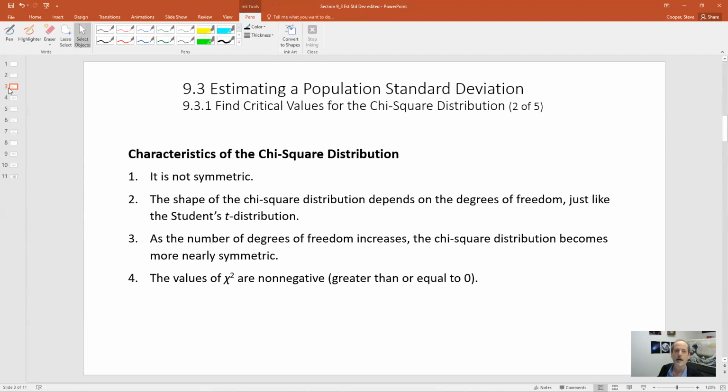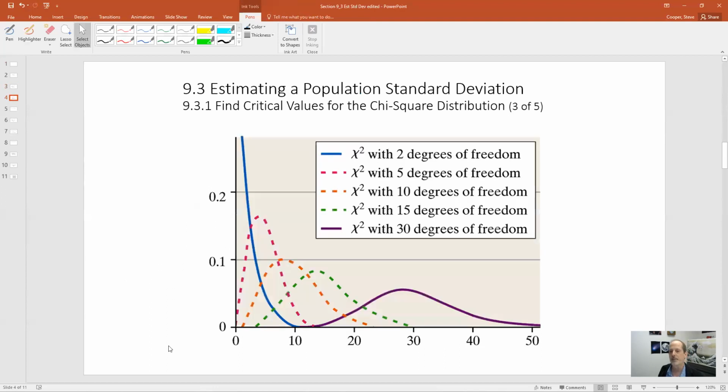Okay, and here's a picture with an example. So 2 degrees of freedom, implication there is a sample size of 3, which is ridiculously small, but we get a really poor curve to try and find. I mean, there's just not enough information there to try and find an estimate for the standard deviation.